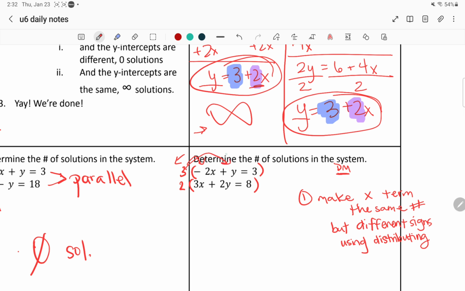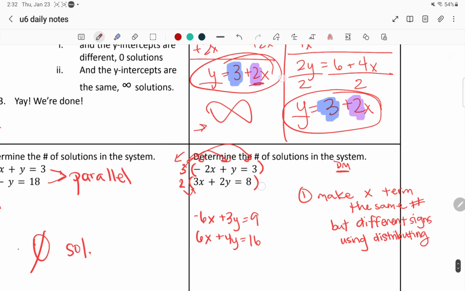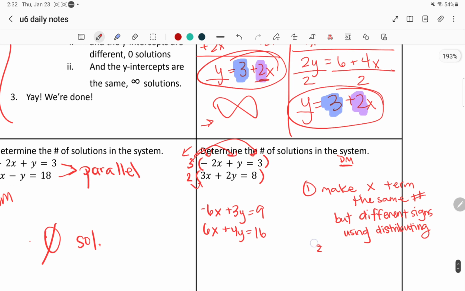So I'm going to distribute 3 into the whole first equation, and I get -6x plus 3y equals 9. And on the bottom, I get 6x plus 4y equals 16. For step 2, I'm going to add the equations together.